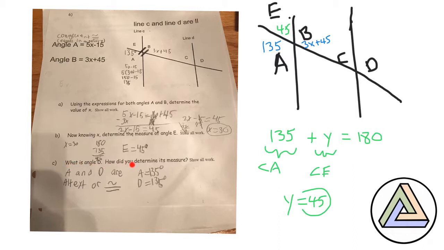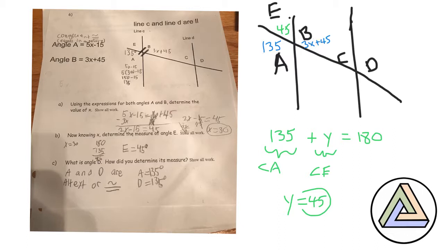Okay, what is angle D? How did you determine its measure? So angle D is over here. Let's see. Well, before I even get to that, to be honest, you know what I'm going to do? This is annoying to me, this x here. I mean, we already know what x is. I mean, x is 30, right? And we could always substitute 30 in there, and we would realize that this is equal to 135.